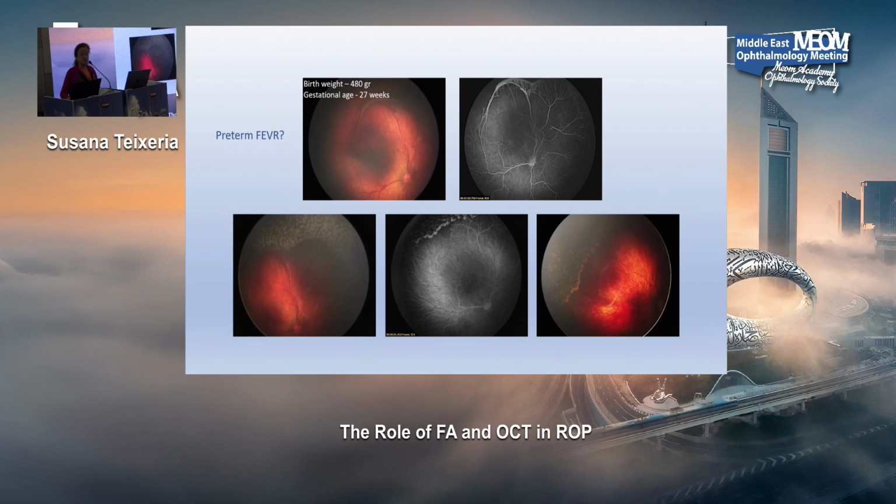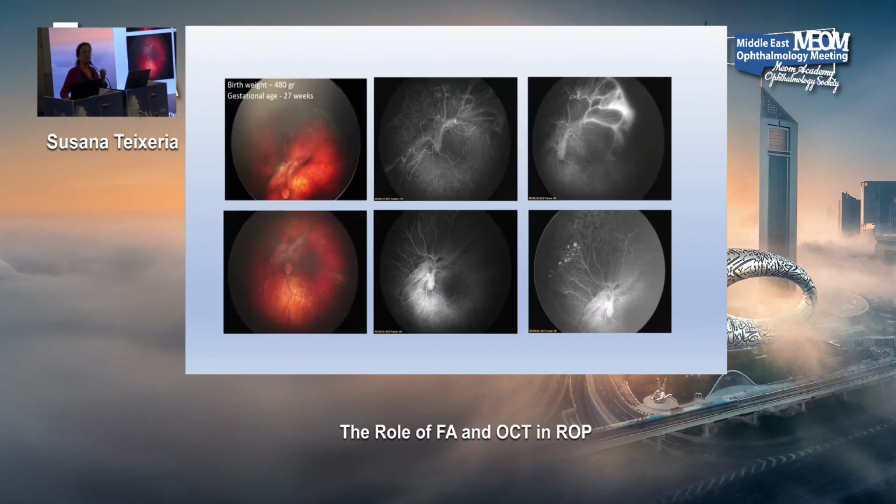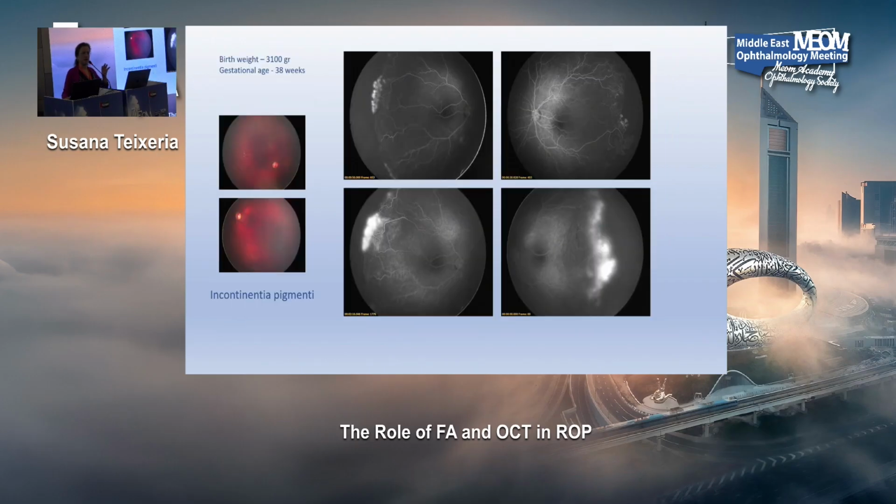This is perhaps a preterm FEVR, because you can have this peripheral anastomosis and this activity in the optic disc, so it can help you distinguish between FEVR or the roper, because there is also a continuum between FEVR, roper, and ROP.